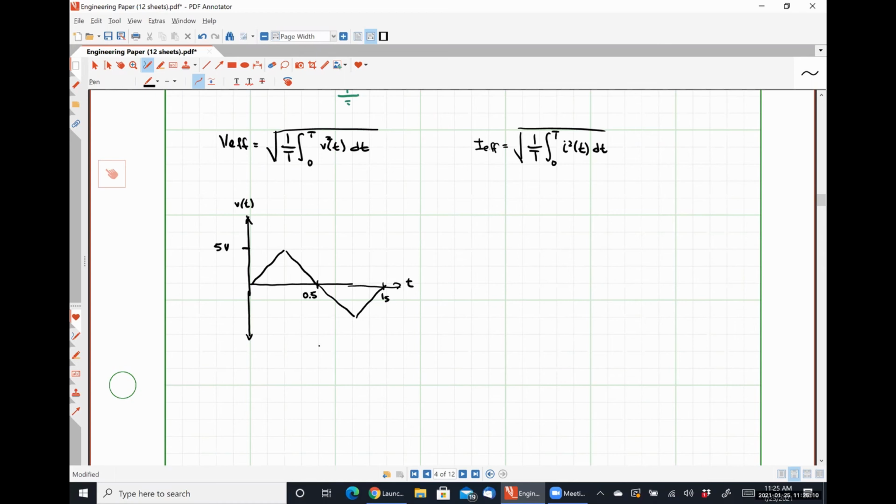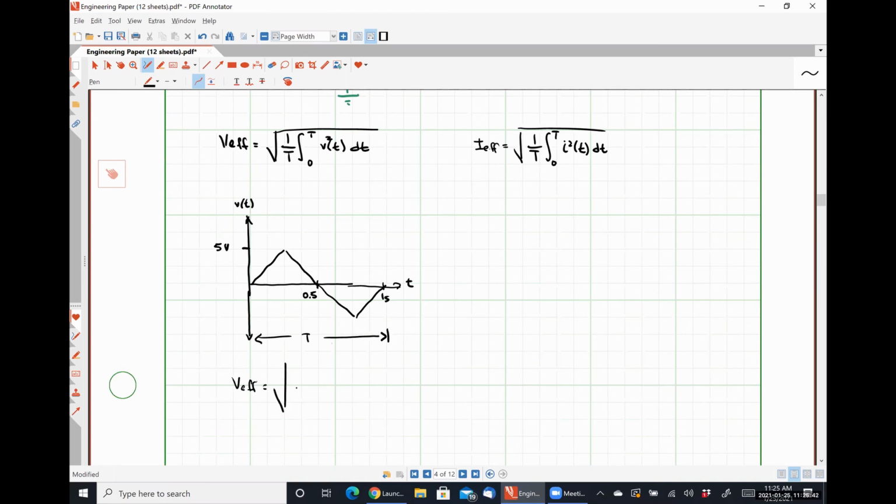The period of this is 1 second. So we could split this up into 3 different integrals. The effective value would look something like this.